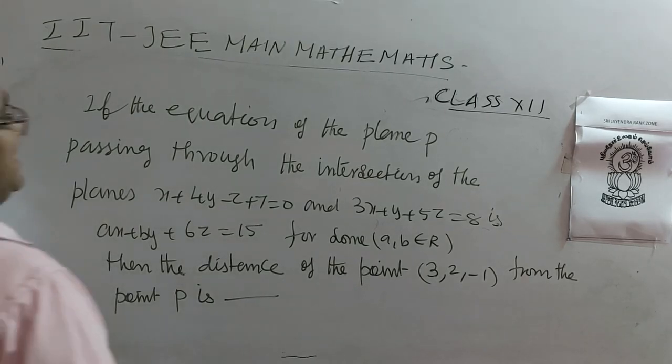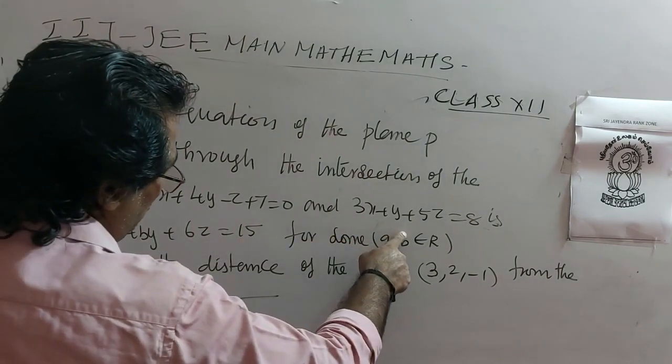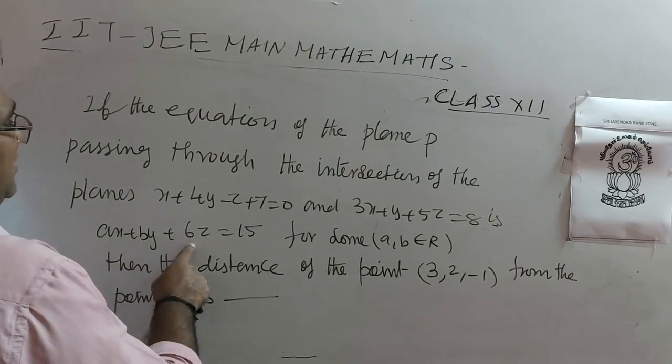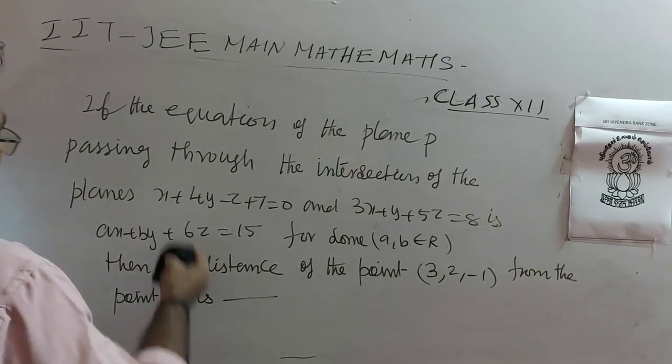So plane P is the intersection of these two planes, that is given as ax plus by plus cz equal to 15.